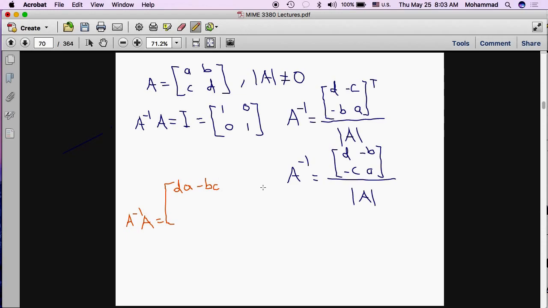Now let's go to row 1, column 2. Again, the row stays the same from the first matrix, but it now gets multiplied by column 2. So it becomes D times B, minus B times what?